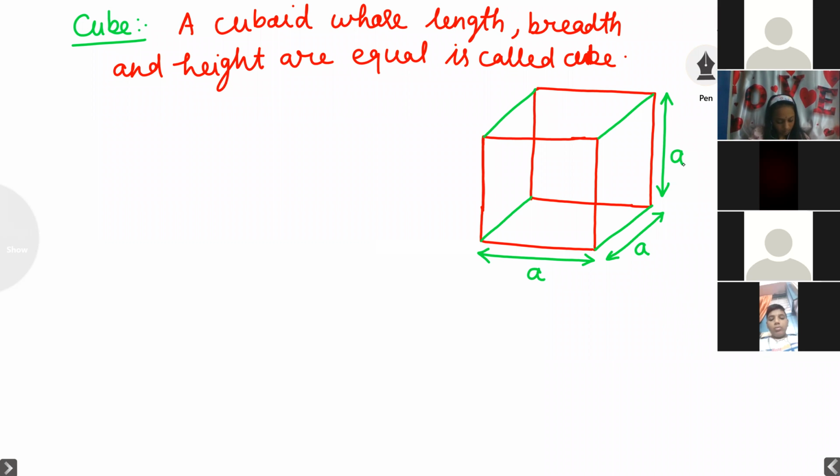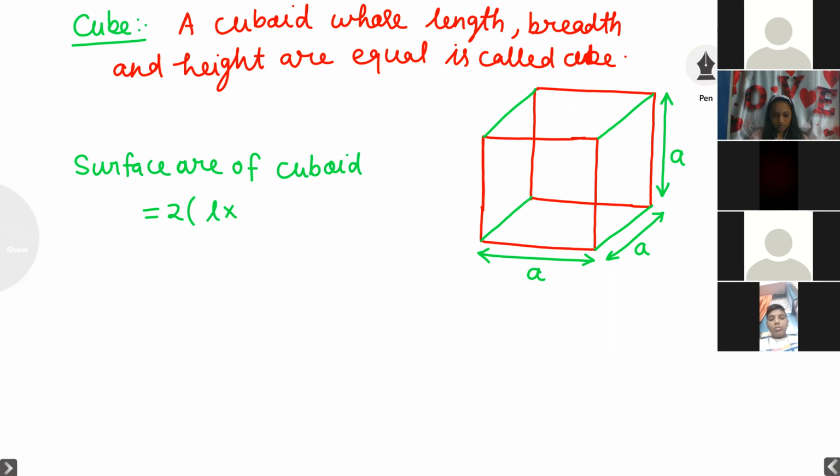Then just now we have learned the surface area of cuboid formula. What is the surface area of cuboid?